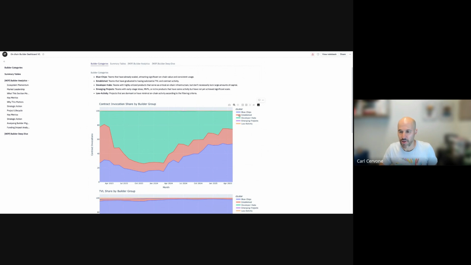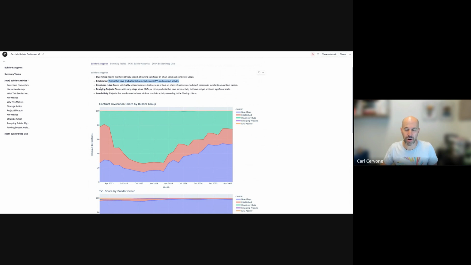You then have a category called established and developer hubs. Established is mainly teams that are not quite at the blue chip level, but have had a steady amount of activity over time. The developer hubs would include other on-chain projects that aren't really DeFi protocols, so things like account abstraction.